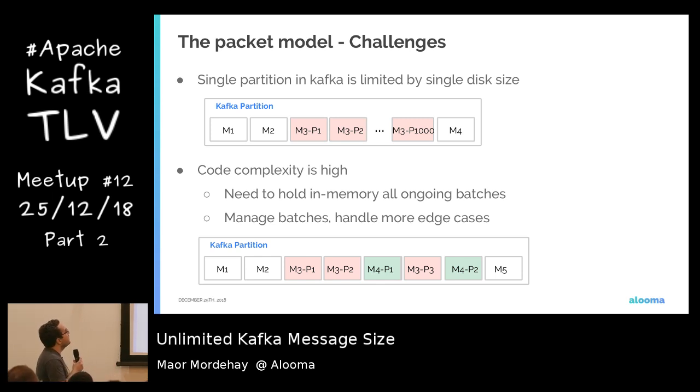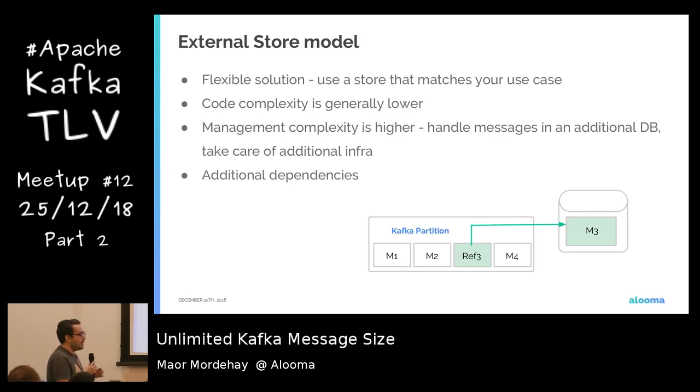Next, the external store is a lot more flexible, but also because it has a lot more options. You can basically use anything to store the actual data. You can decide whatever threshold you want and keep only that data there. Management complexity is obviously higher, since instead of only Kafka, you now have Kafka and something else.